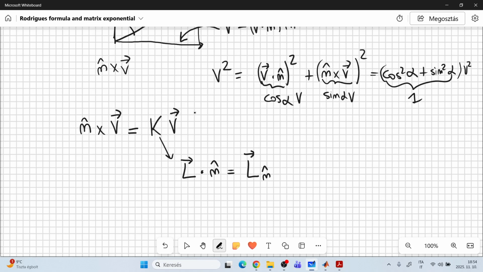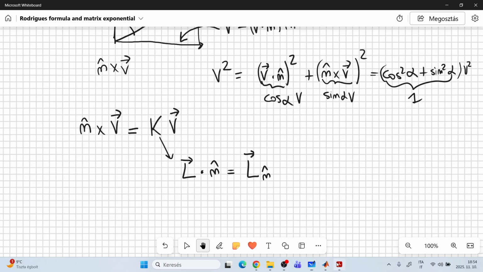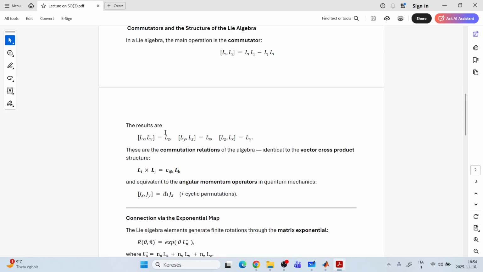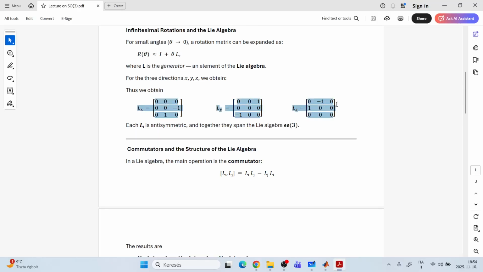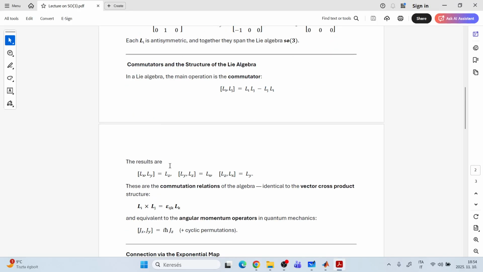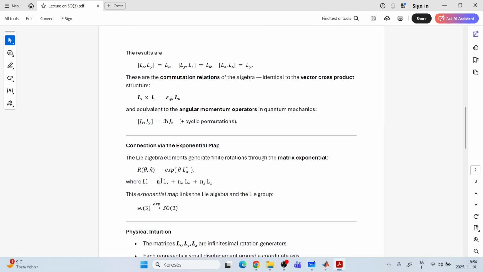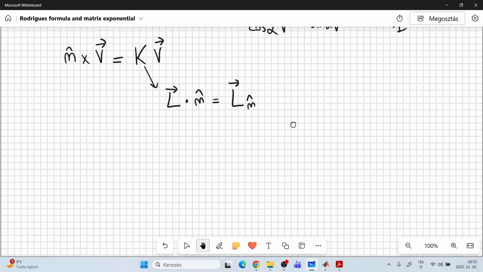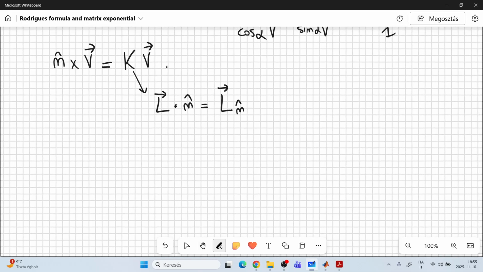And you can check that if you take L dot n, and remember that the three matrices Lx, Ly, Lz are given by these expressions, and the vector n is given by a vector of components nx, ny, and nz, you can put those matrices together and you get the matrix K here. I'm not going to write the components, but you can show that that's equal to the cross product between the vector n and v.